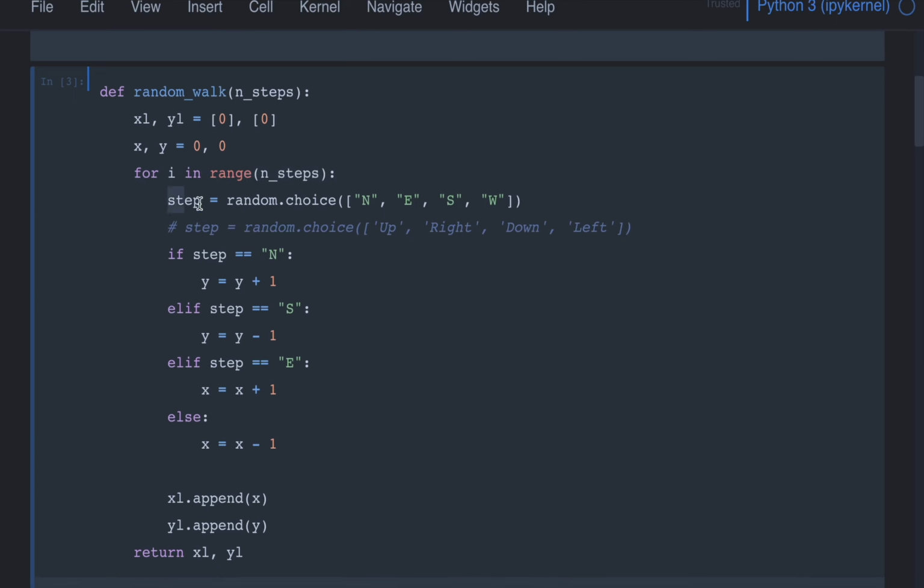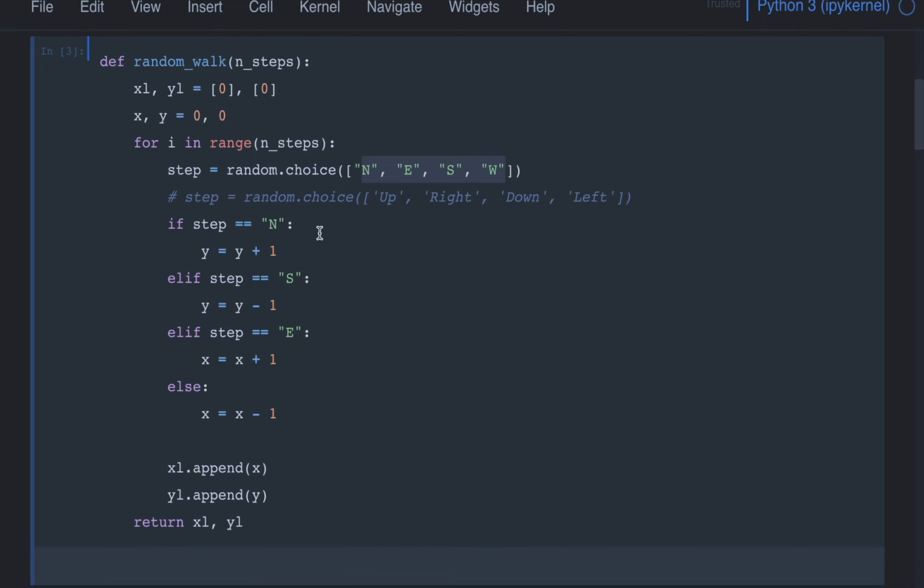Now, as we were discussing, the person has 4 choices, right? Whether we can call it up, down, left, right, or we can call it north, east, south, west, etc., right? So by using the random choice function, at every step, we are picking one of these directions with equal probability. Okay, with equal probability. That's important.